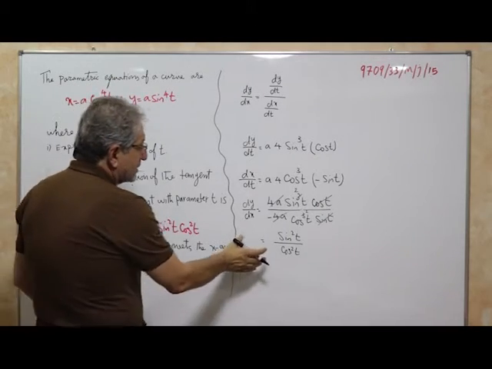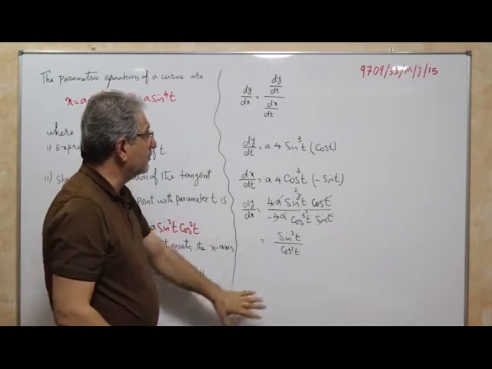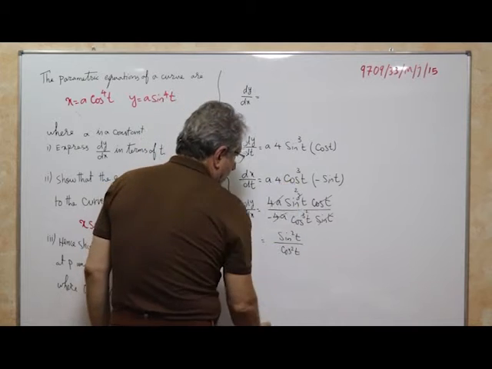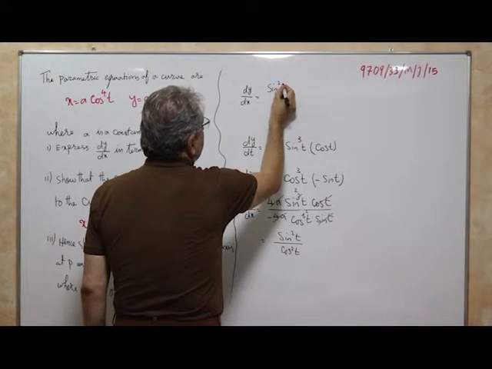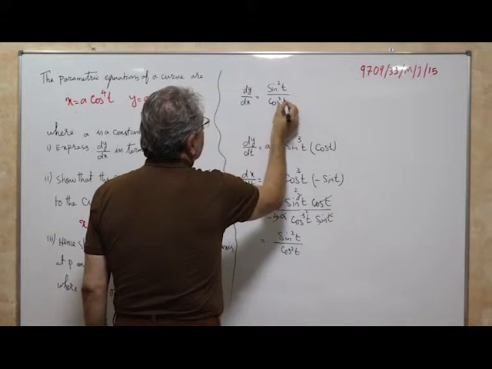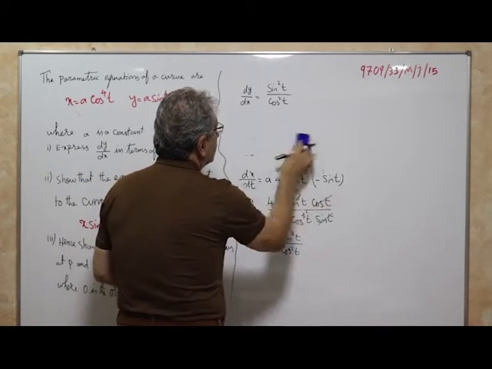I need this result, but I don't need the procedure. So I'm going to write dy by dx here and then erase the remaining. So dy by dx, we know it is sine squared t divided by cos squared t. Okay, now we are going to do the second part.